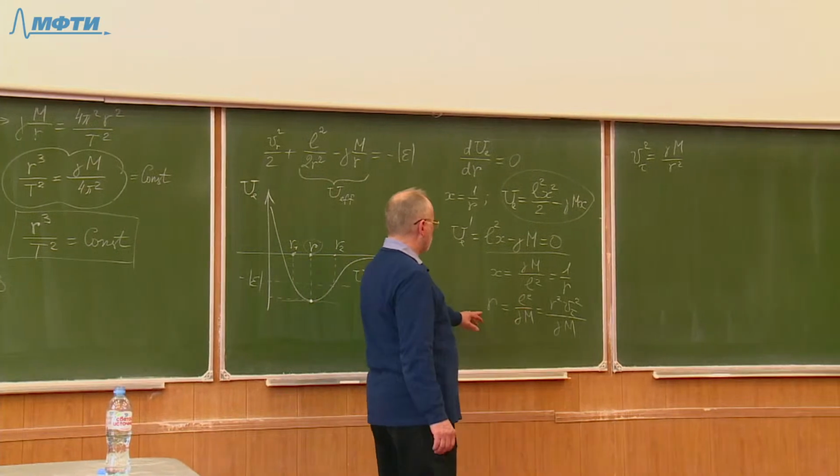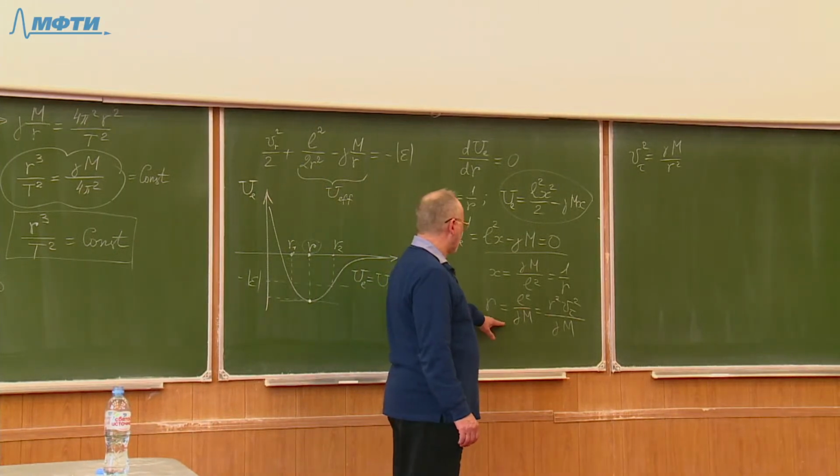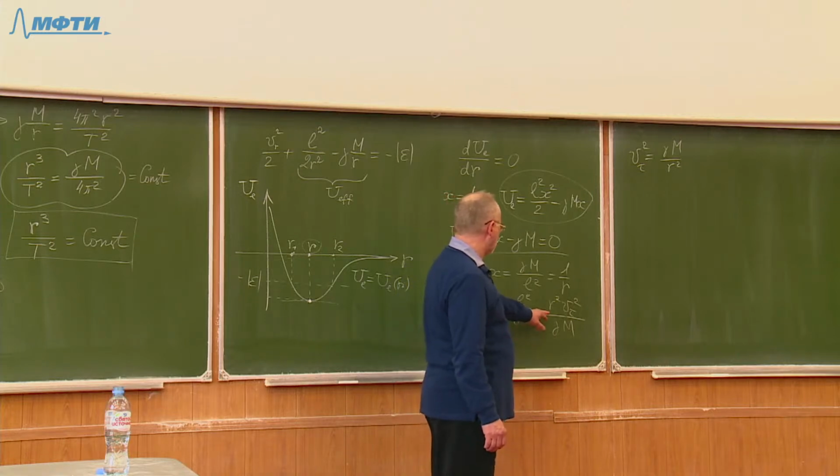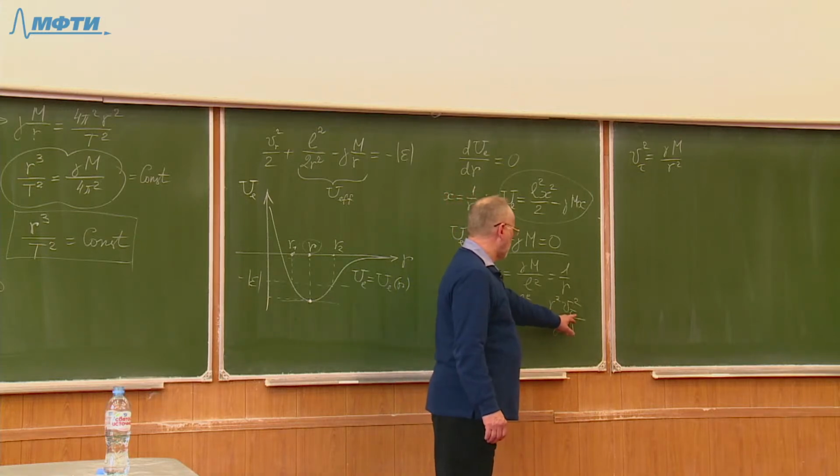Because you have r, that would equal r squared, tangential velocity squared, next r.